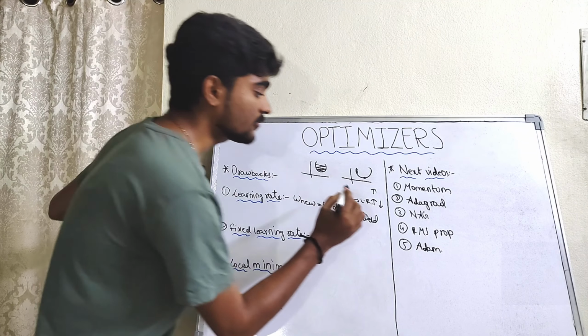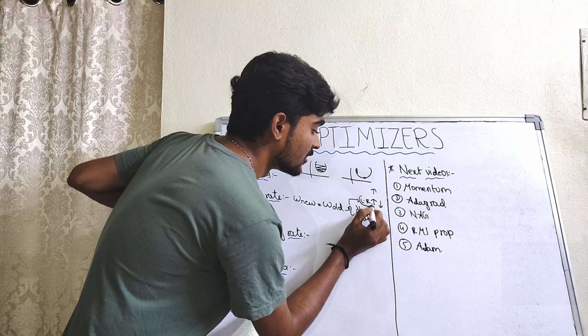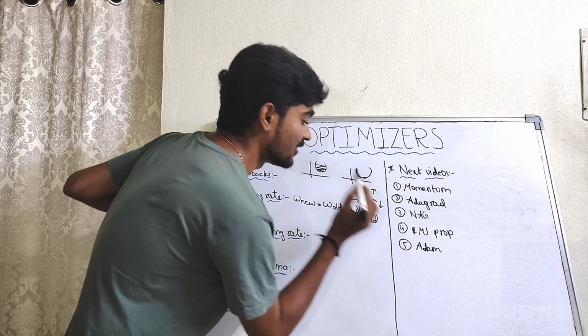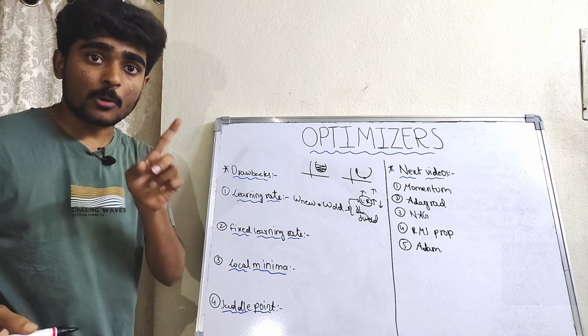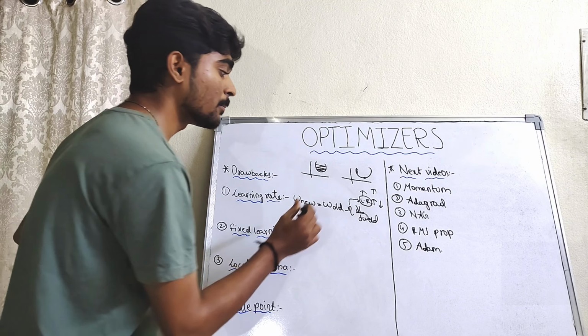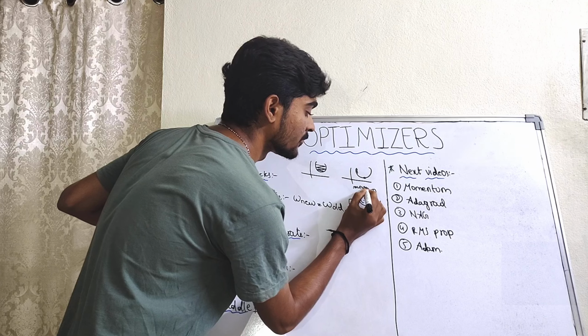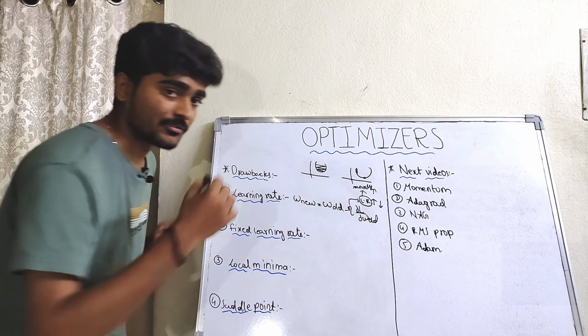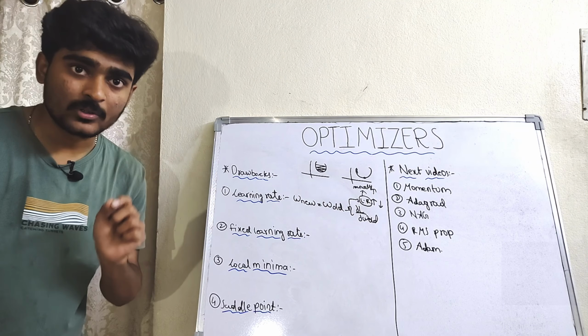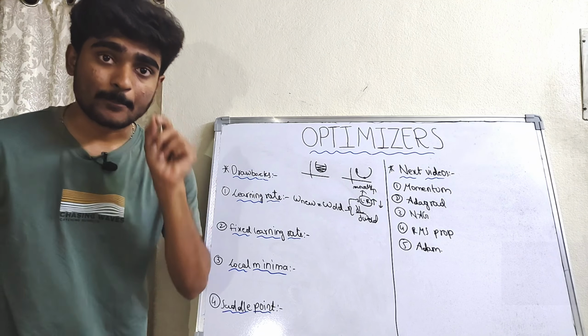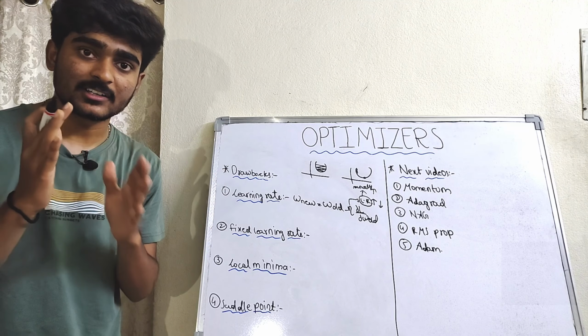That means we need to set some optimum value for this learning rate manually. This process must be done manually by testing out different learning rates.